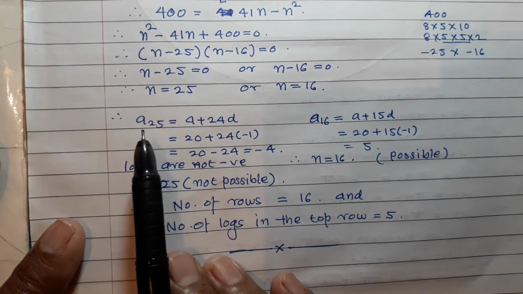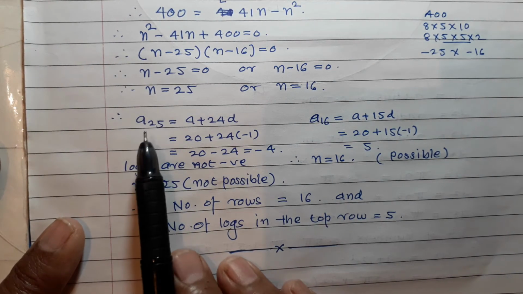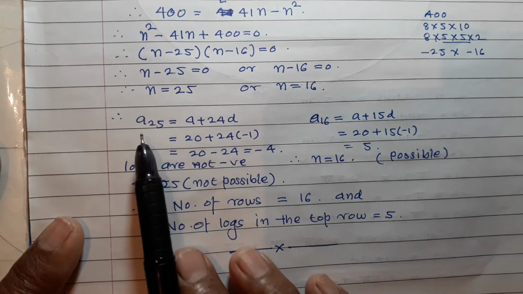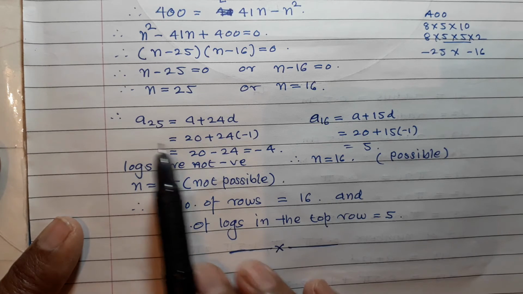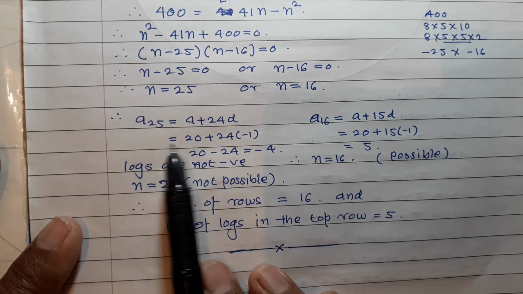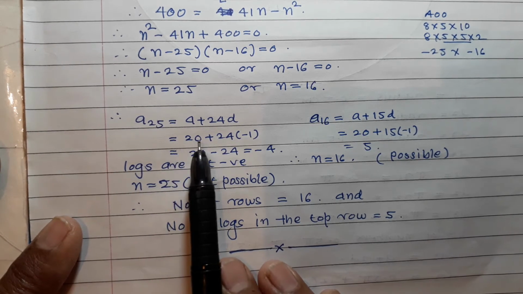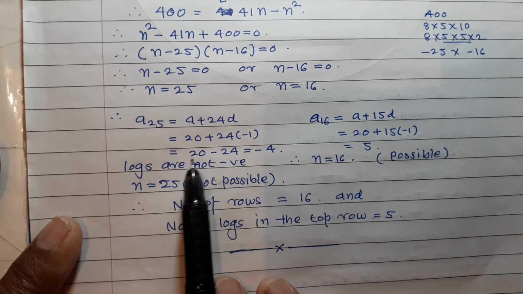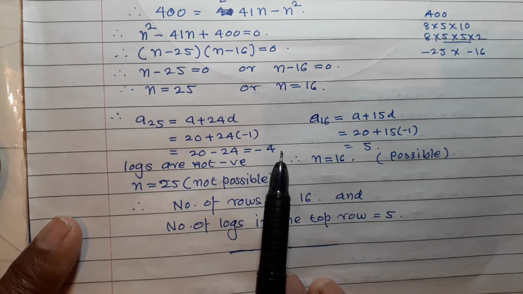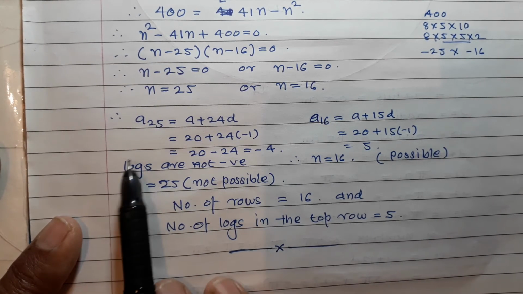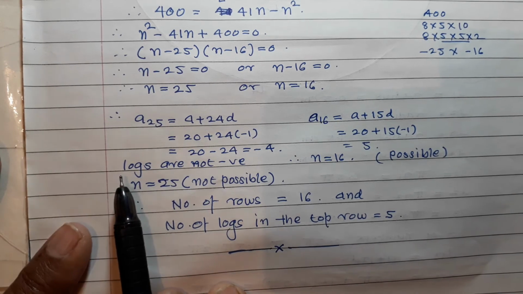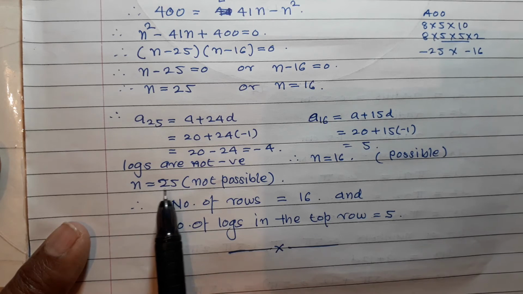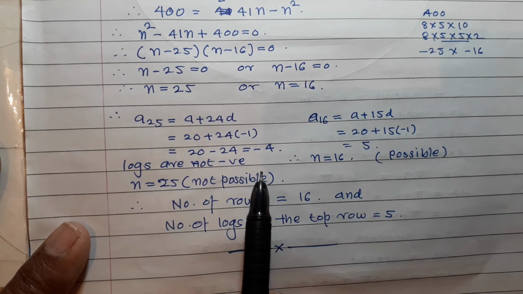Now find A25. A25 is equal to a plus 24d. So when n is equal to 25, A25 is equal to 20 plus 24 into minus 1, which gives you 20 minus 24, equal to minus 4. But logs are positive, logs are not negative, and therefore n is equal to 25 is not possible.